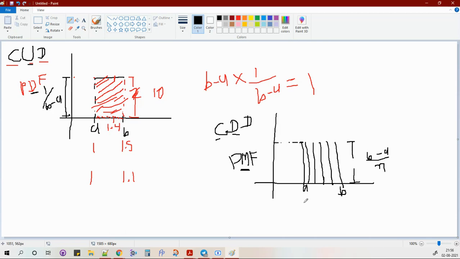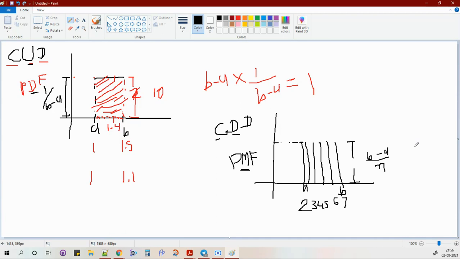b minus a divided by the number of observations I have. Right, so if it is ranging from, let's say, 2 to 3, then 4, 5, 6, 7, the probability of all these observations would be 1 by 6, 1 by 6, 1 by 6, like that. A great example would be throwing a dice. Then I have 1, 2, 3, 4, 5, 6.